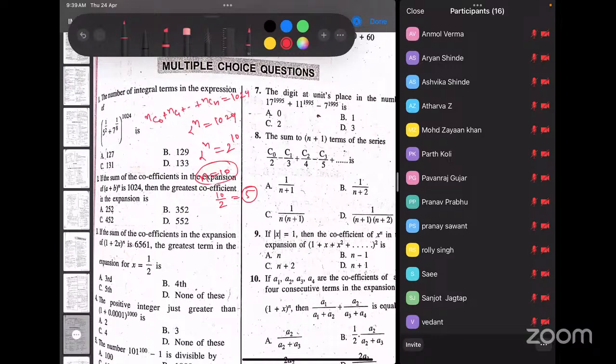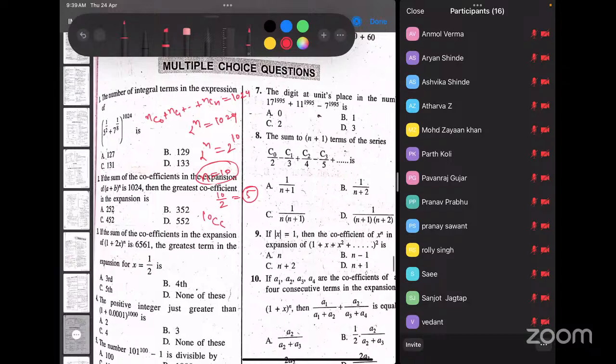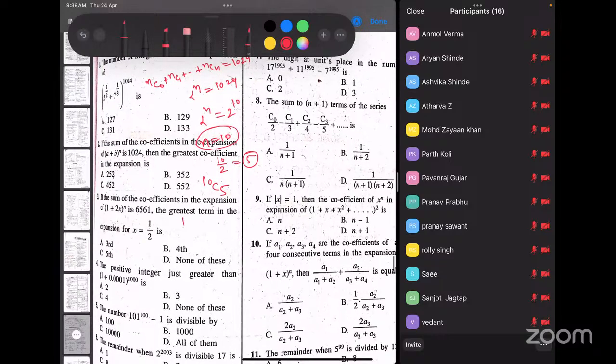So the answer will be 10C5. 10C5 will be 10 into 9 into 8 into 7 into 6 divided by 5 into 4 into 3 into 2 into 1.